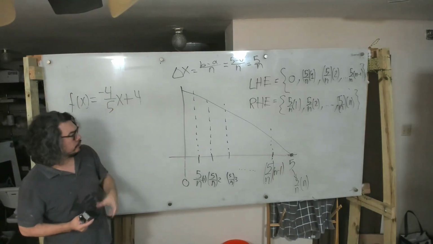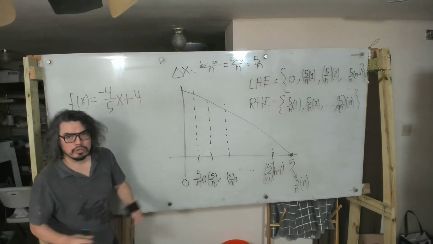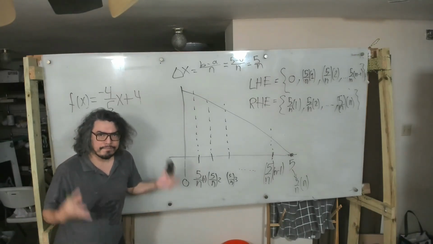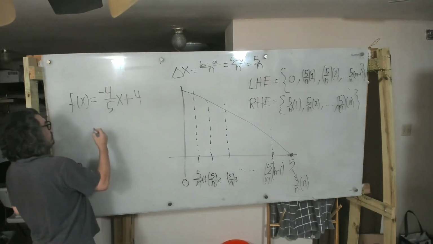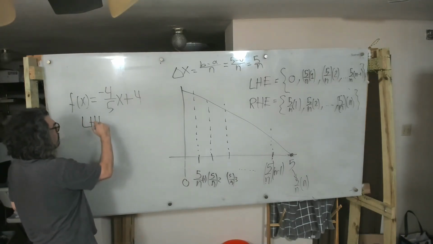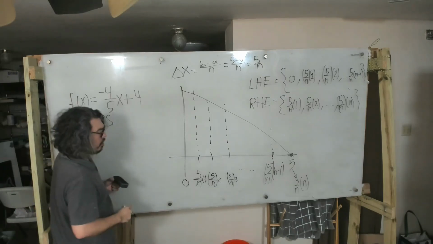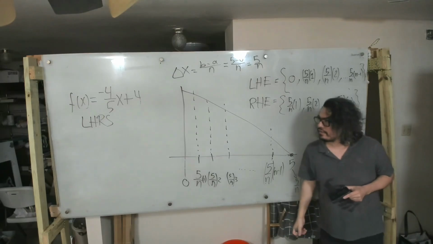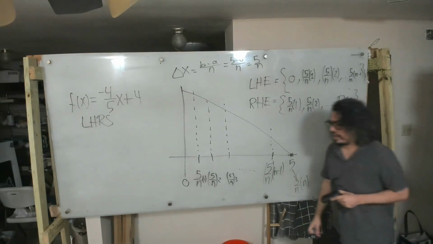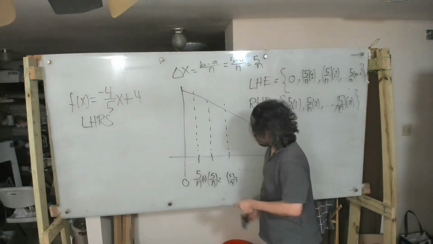So just for the sake of discussion and for concreteness, I want to do a left-hand Riemann sum. And one of the things I always tell my clients to do whenever they're doing a left-hand Riemann sum is to write out the terms just like you would normally.